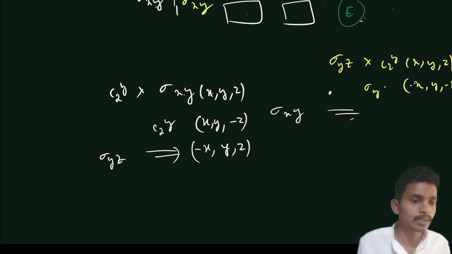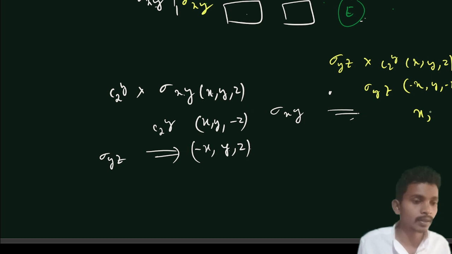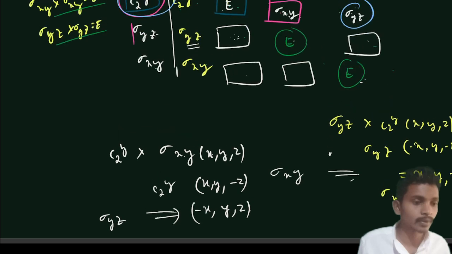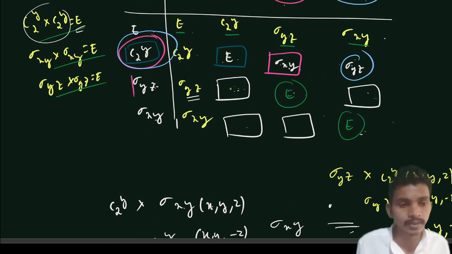After that, c, y, z: then y and z remain as they are, this minus x will become plus x, and this is y, this is minus z. Okay, so sigma xy will come.